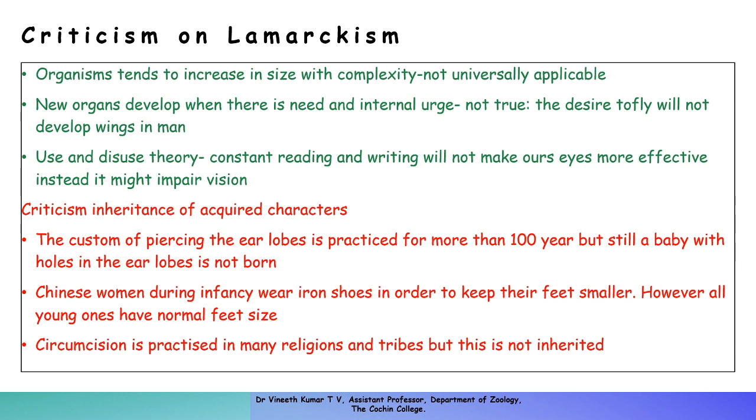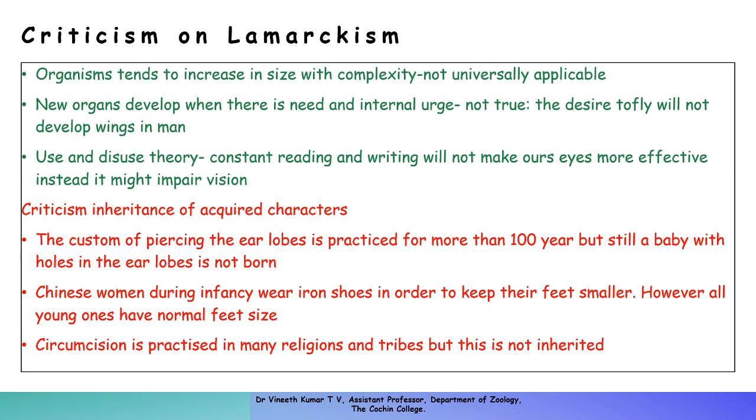So the use and disuse theory is also under question. If the use and disuse theory was true, taking the example of humans, constant reading and writing should make our eyes more effective, right?